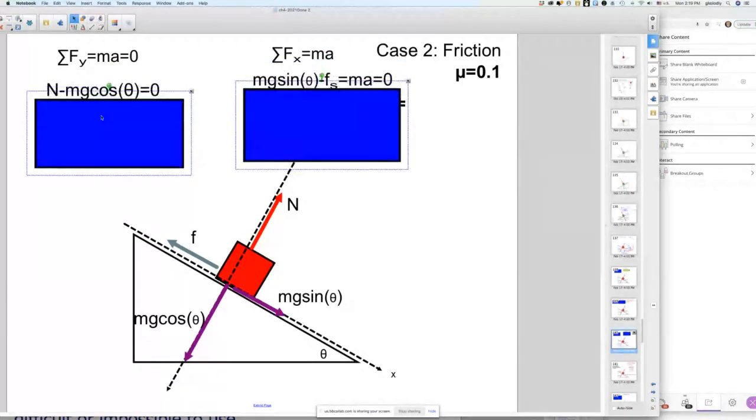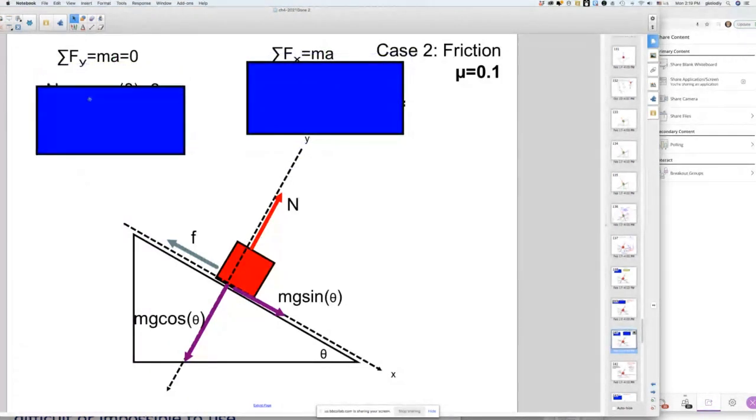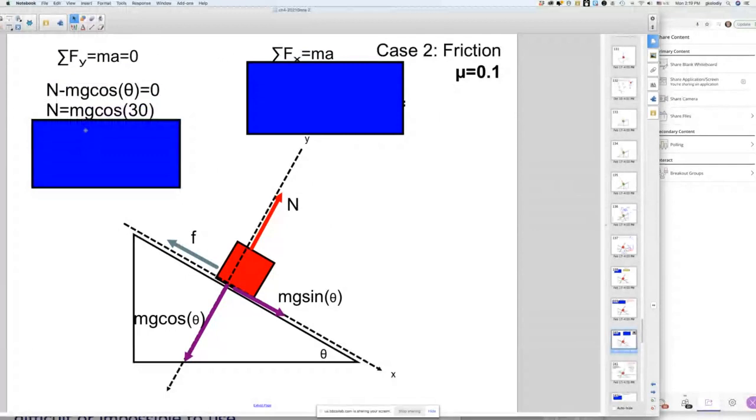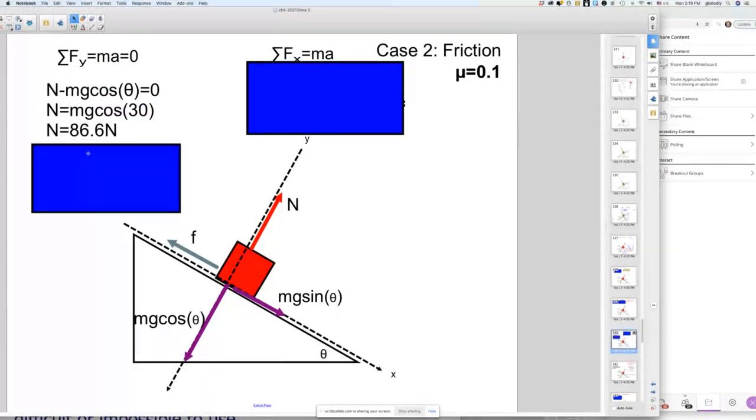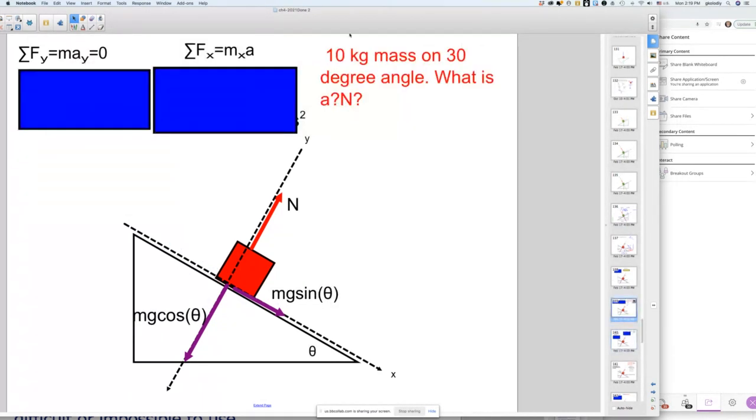So again, all the forces in the y direction told us that n is equal to mg cosine of 30, and therefore, if you put in the values for m, this is what's given.